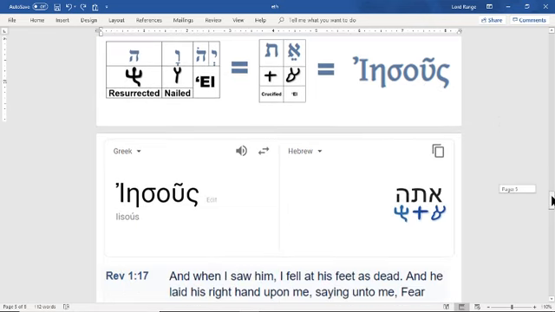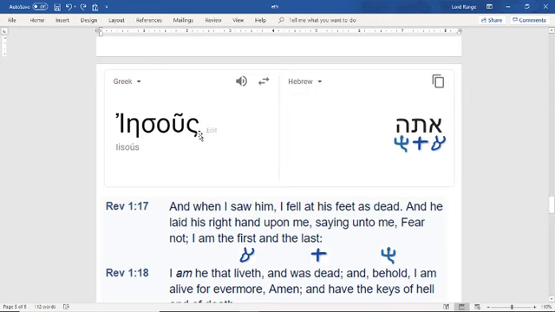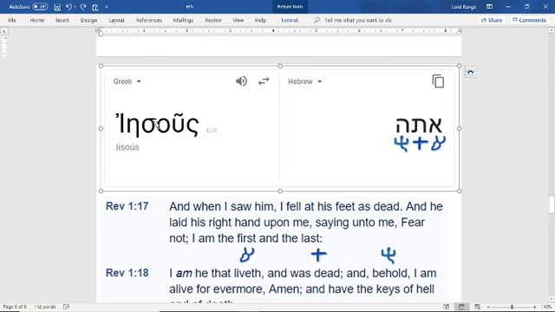Now the next thing I have here, just to confirm that, if you take that Greek name Jesus and you translate it back to Hebrew, this is the Hebrew word. And now you will pronounce this Atah. When you take off the Hey, if you take off this symbol here, this is Et. But when you add this symbol, it is pronounced Atah. When you take these three letters, as you can see already, this is the first letter in Hebrew. This is the last letter in Hebrew.